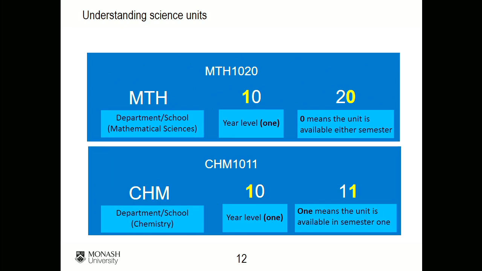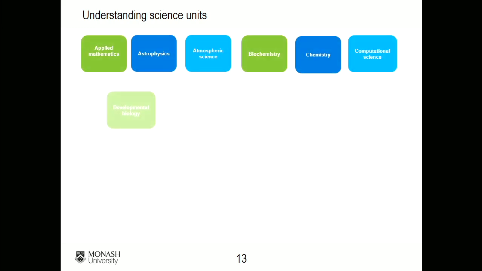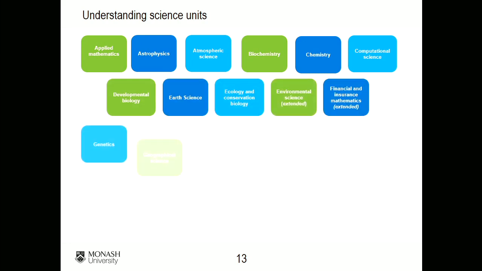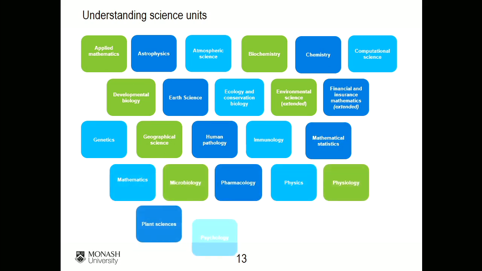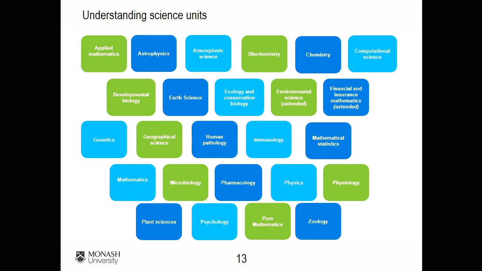If you go into the handbook, you'll also find that we offer a range of majors. You'll need to look at the majors in order to select your first year sequence. So I suggest that you look at the handbook, look at all the disciplines that we offer, and also consider some of the disciplines that you may not have explored yet at school, because a lot of these disciplines you don't actually have access to while you're at school.